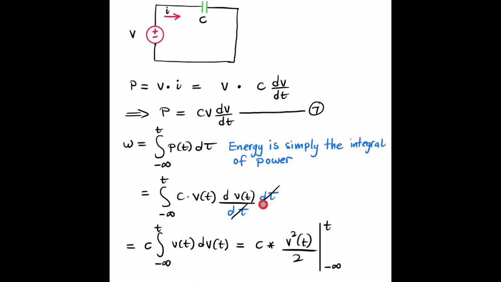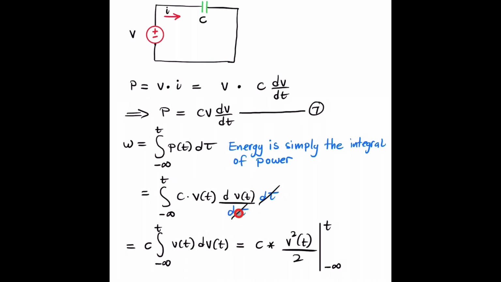This dt here is this one. We are integrating with respect to tau, because we can't have the t here and still have t on the limit of integration.